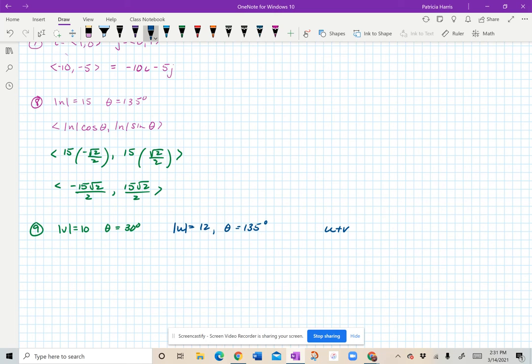Again, we're going to use the same formula that we did for number 8. So it's going to be 10 cosine of 30, 10 sine of 30, which will be 10 times radical 3 over 2, 10 times 1/2. And then for u, 12 cosine 135, 12 sine 135.